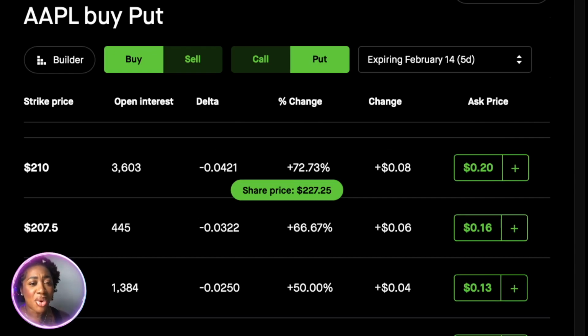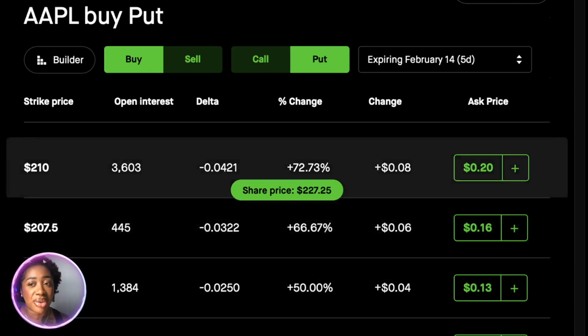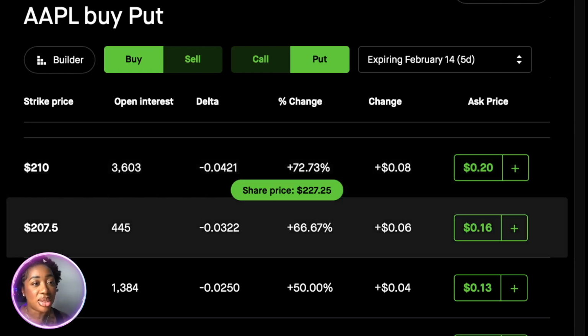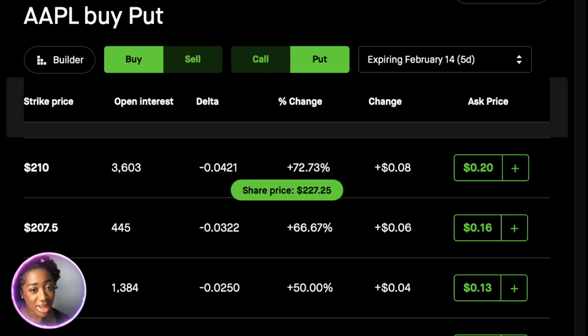In order for you to be great at something, you have to have taken some losses. And that's okay because every loss you take, you're learning something. So there are contracts, $20, $16. They are there. So don't let anybody tell you any different.